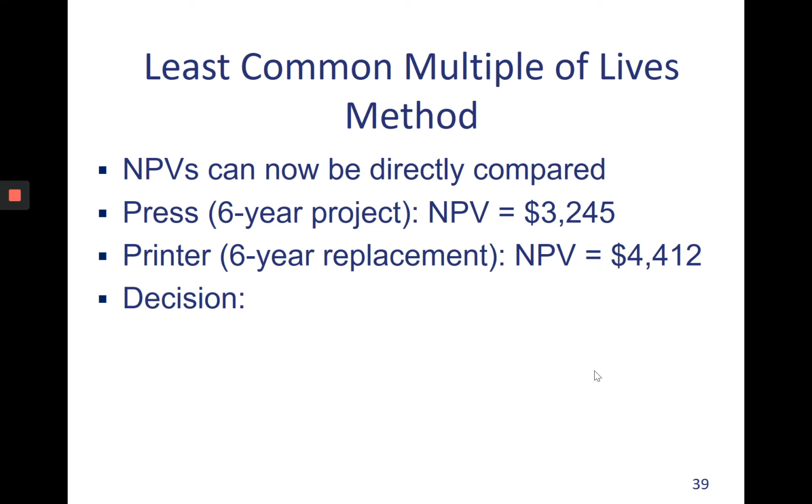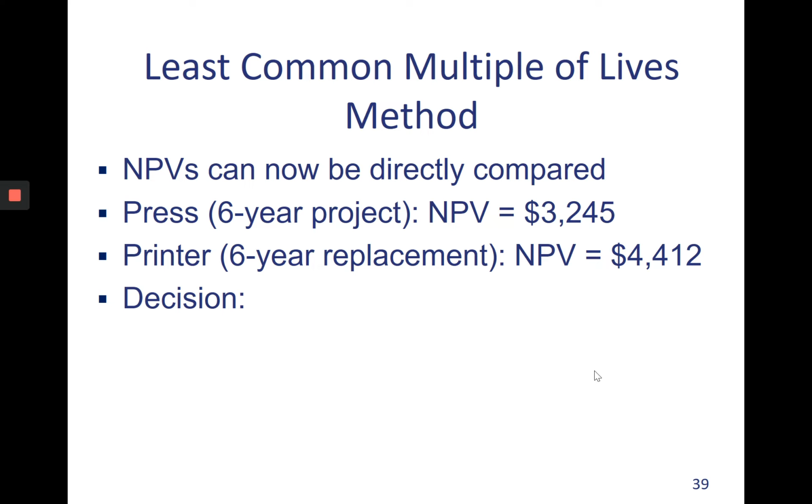Of course, this example was a classroom example and relatively simple. We may have a more complicated case where one project is for 5 years and the other project is for 4 years.